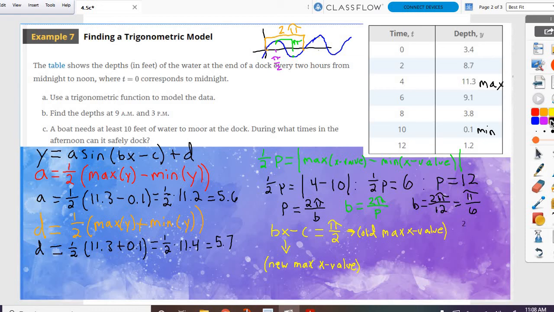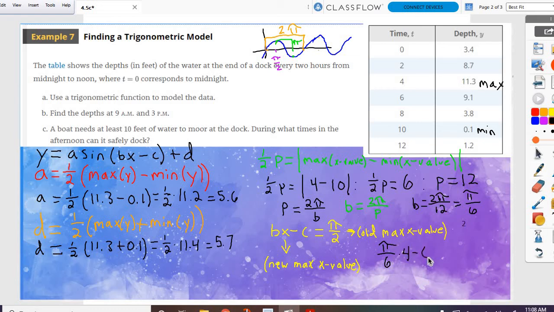So plugging in, like I said, we know that our b value is pi over 6. We're going to multiply that by the new location of my maximum, or the x value of my maximum, which is 4.